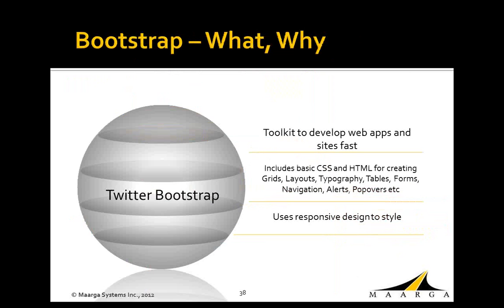The reason for using this, and I think this is something we are seeing more and more, is to use standardized toolkits that can help develop web applications and websites very fast. As we said, Twitter Bootstrap includes the basic CSS and all the HTML. It gives you the grid layout, the navigation, the alerts and popovers, which are already predefined, so it's much easier to create the UI that we need.